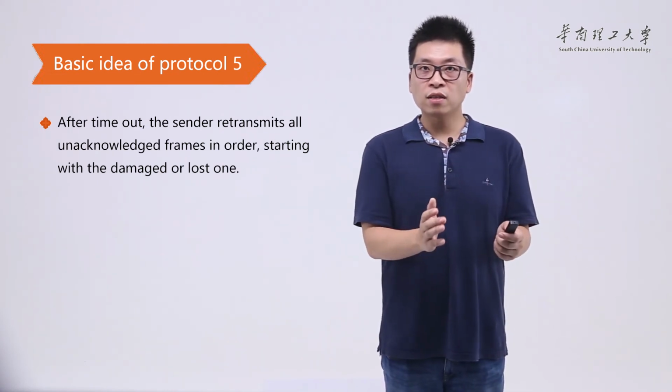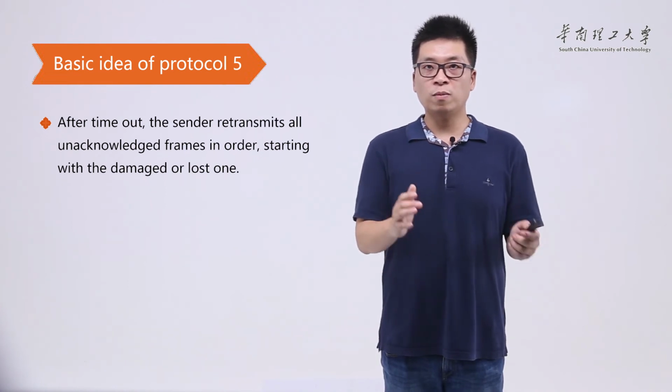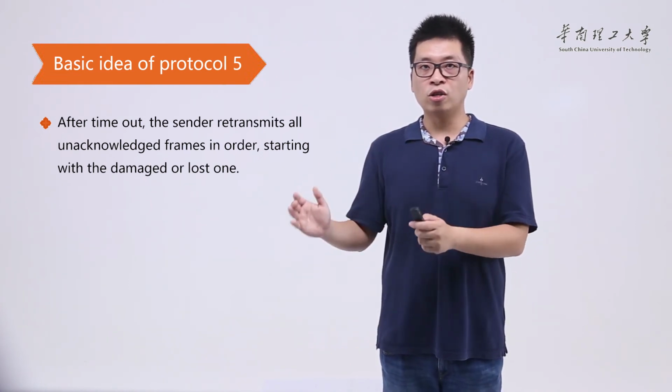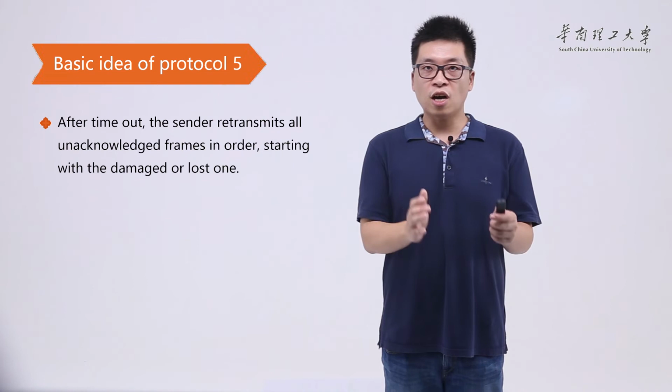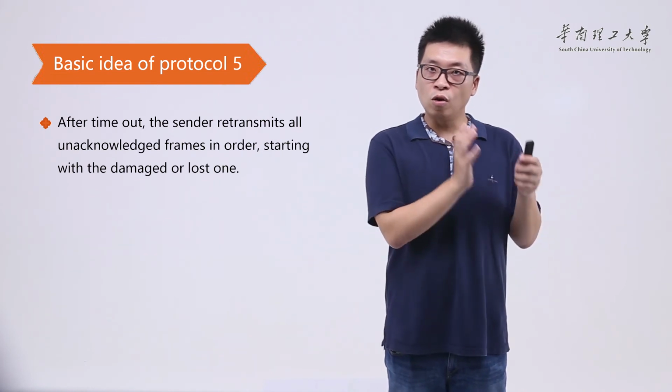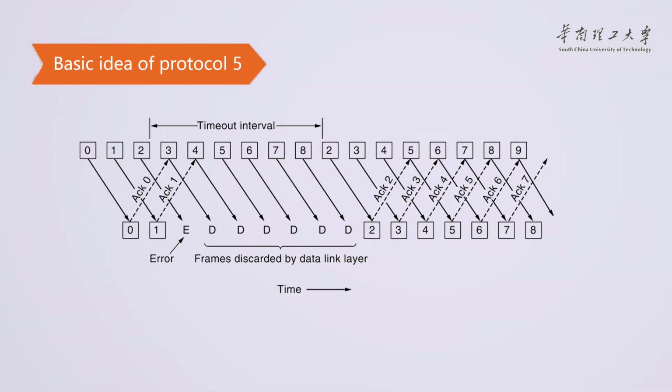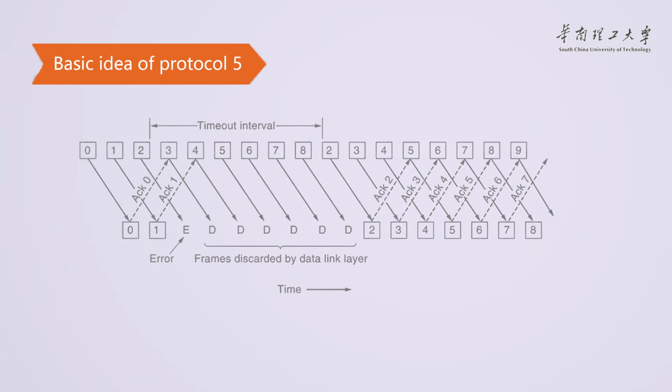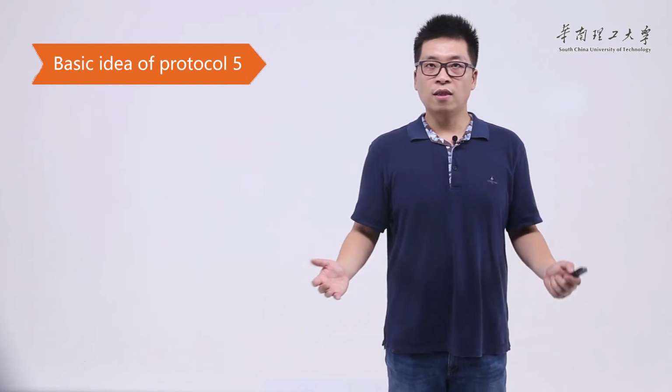After the timeout, the sender retransmits all the unacknowledged frames in order, starting from the damaged or lost one. So in the diagram, when we get an error for frame 2, all the frames after frame 2 will be retransmitted. So that is Protocol 5.